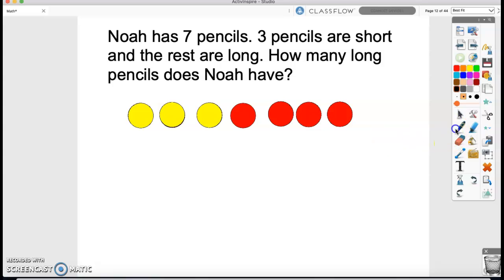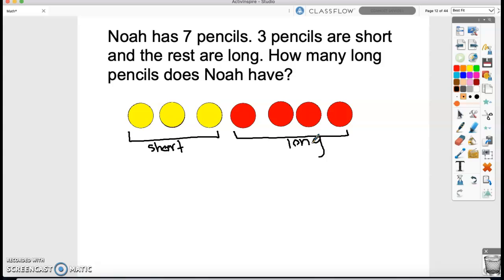So I know that these pencils here, the yellow ones, are my short pencils. And I know that these pencils right here are the long pencils.